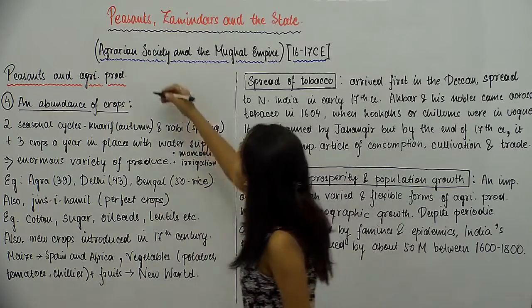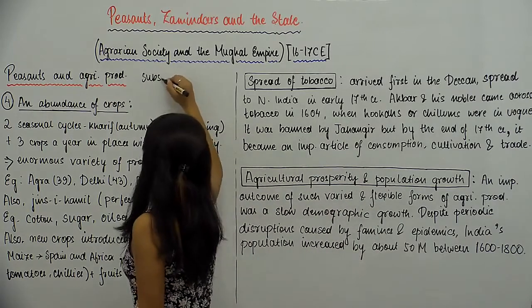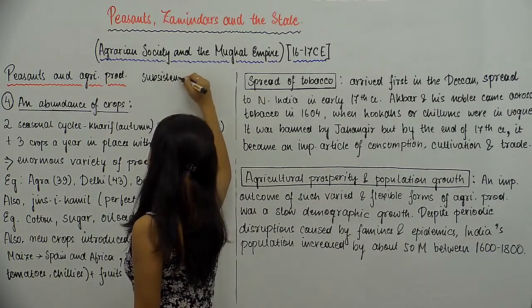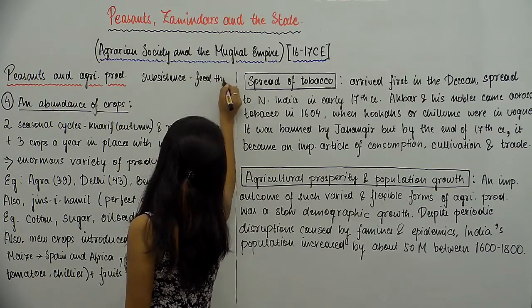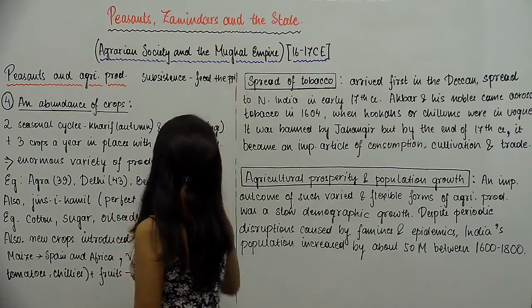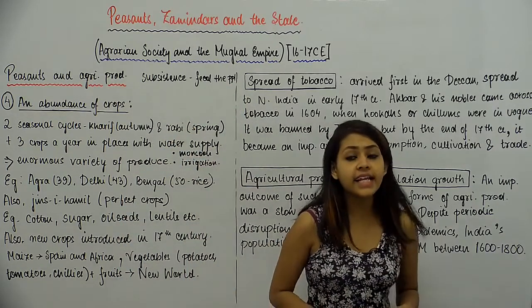And when we say subsistence, this is something that we have discussed previously also. It means the primary motive of agriculture was to feed the people, right?